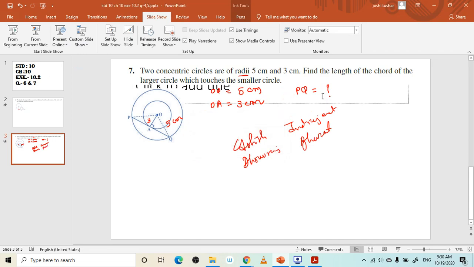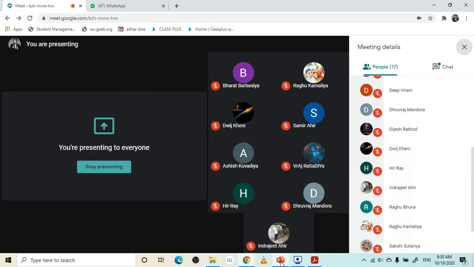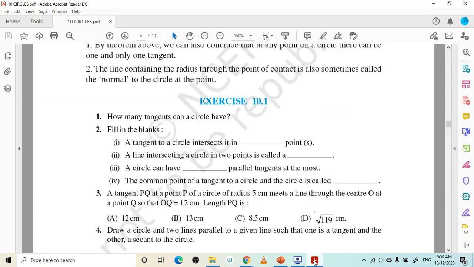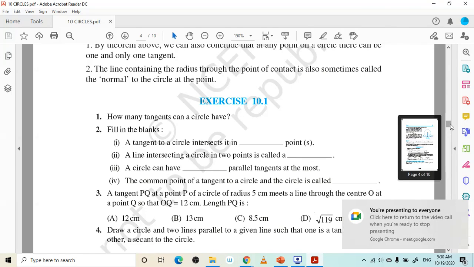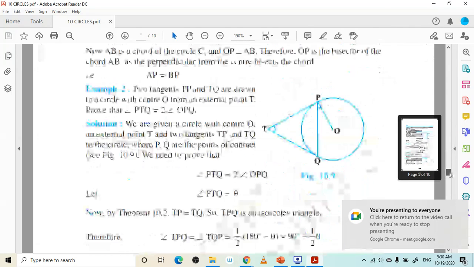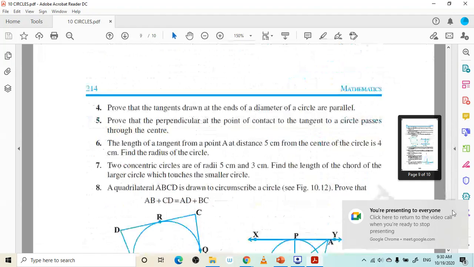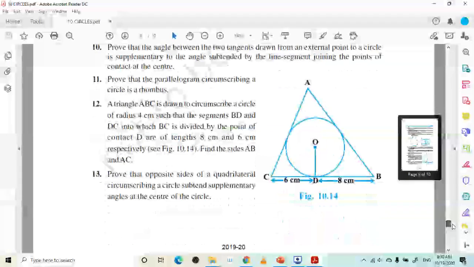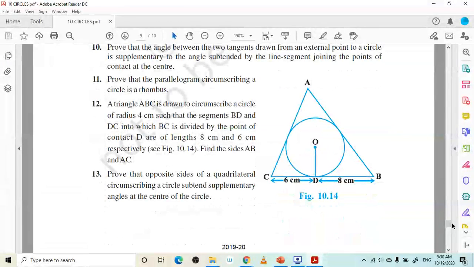One minute, let me check, because yesterday I checked. Triangle ABC is drawn to circumscribe a circle of radius four such that segment BD.